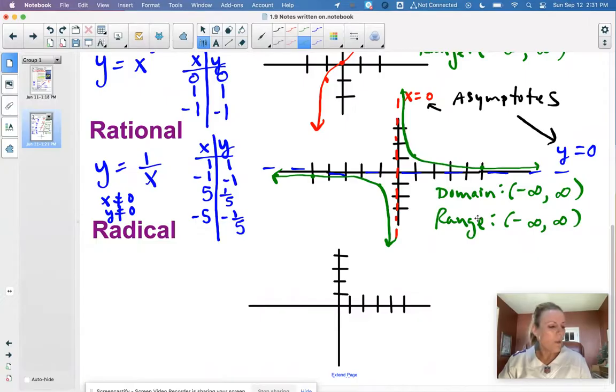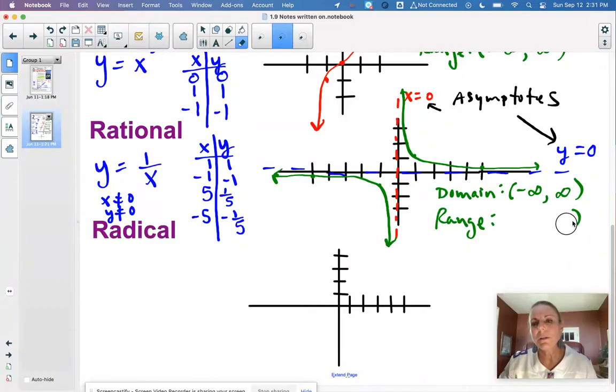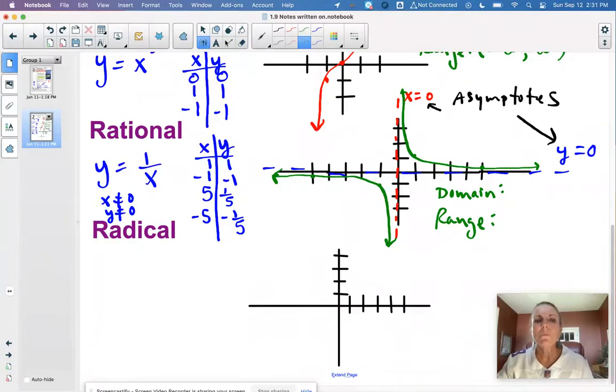I think how we have to set this up, that is not going to be true. I'm going to take that away for a moment because we can't say that. We can't say that because we're not including x equals 0 or y equals 0.